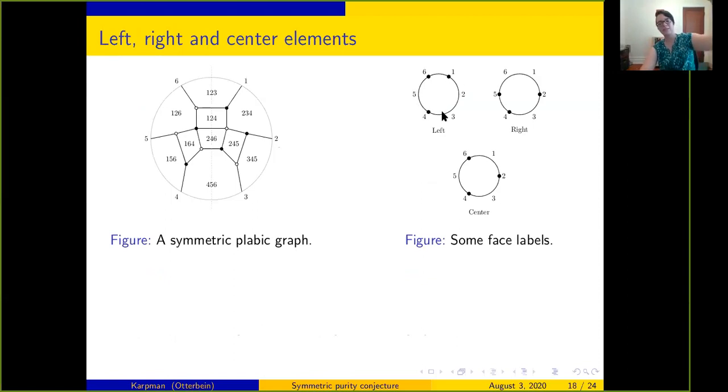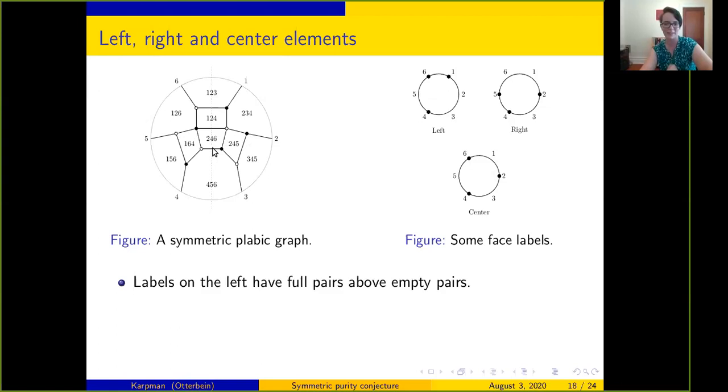If, as you scan from top to bottom, you get full pairs above empty pairs, that's going to land on the left side of your graph. If you get empty pairs over full pairs, that'll land on the right. And here we can see 1, 6, 4 is on the left side of the graph, 2, 4, 5 is on the right. And then the elements that don't have full or empty pairs anywhere land right in the center, because those don't change when you reflect them.